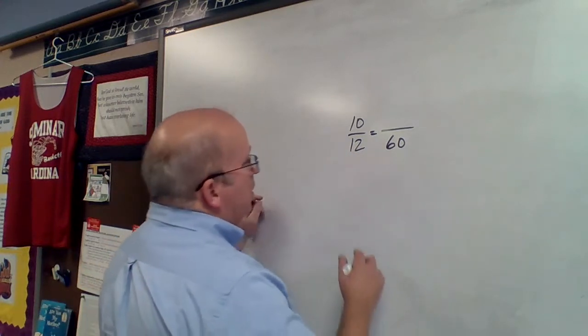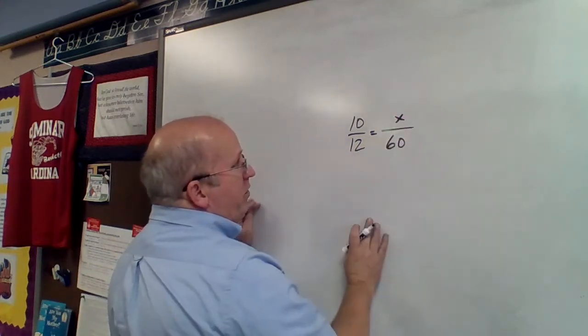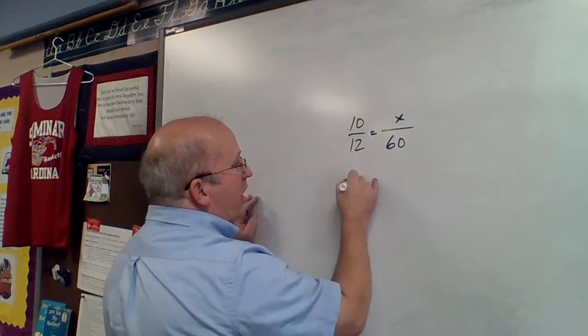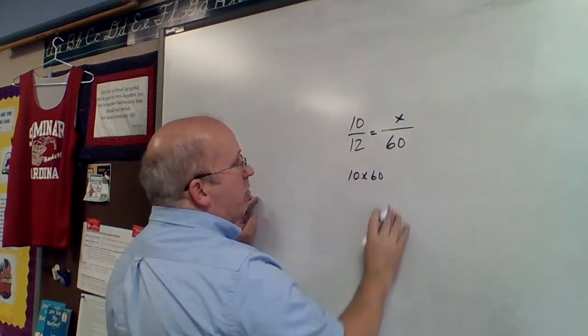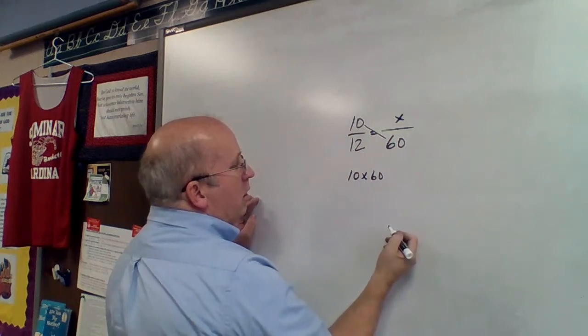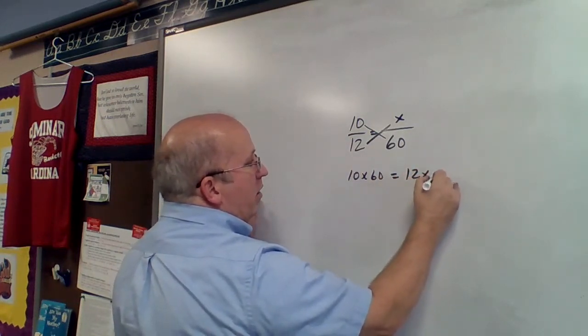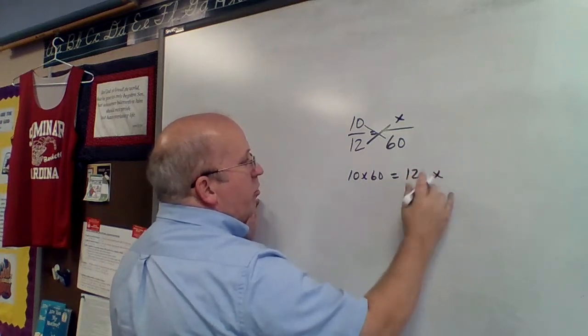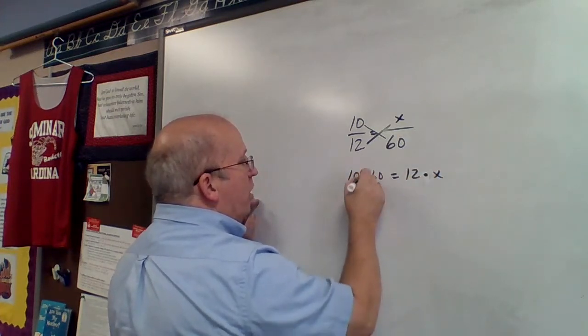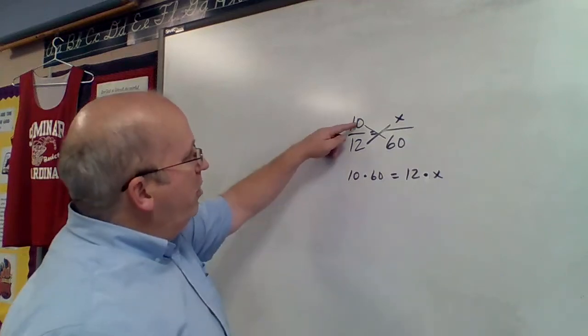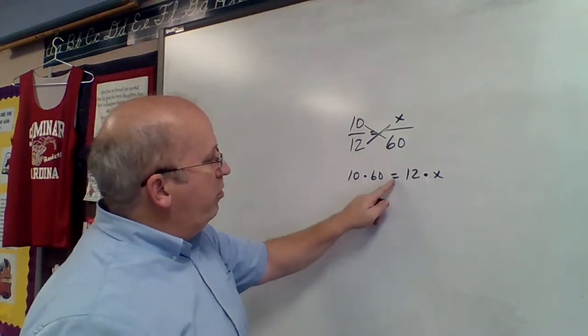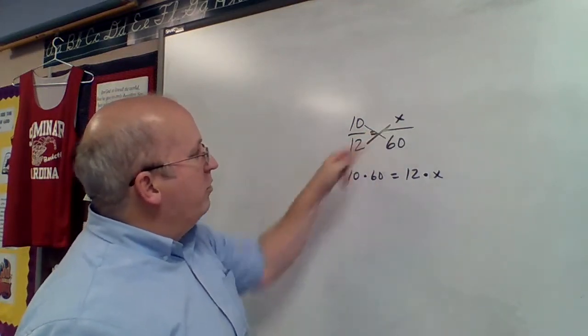The book says that to find this x value, we can take what are called the cross products and multiply them together. The cross products are supposed to be equal to each other. In other words, 10 times 60 is supposed to be equal to 12 times x.